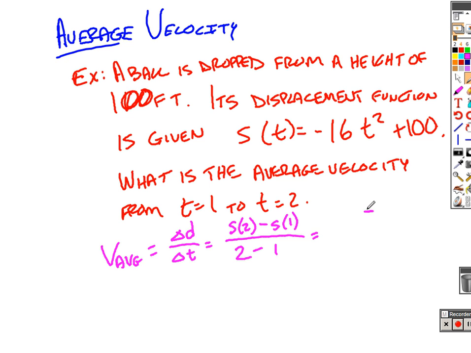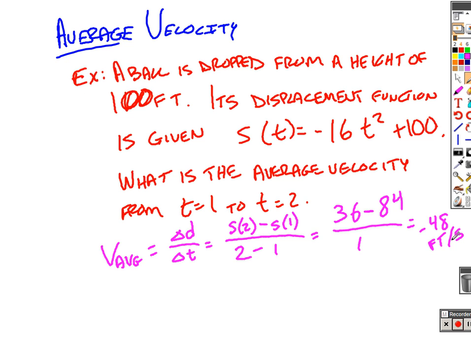So when time equals 2, we're going to have 16 times 4, which would be 64, negative 64, plus 100. So 36 minus, when I plug in 1, I should have 84 all over 1. When I do that subtraction, what should I end up getting? I should have, figure it out, negative 48? And again, we'll say probably feet per second.